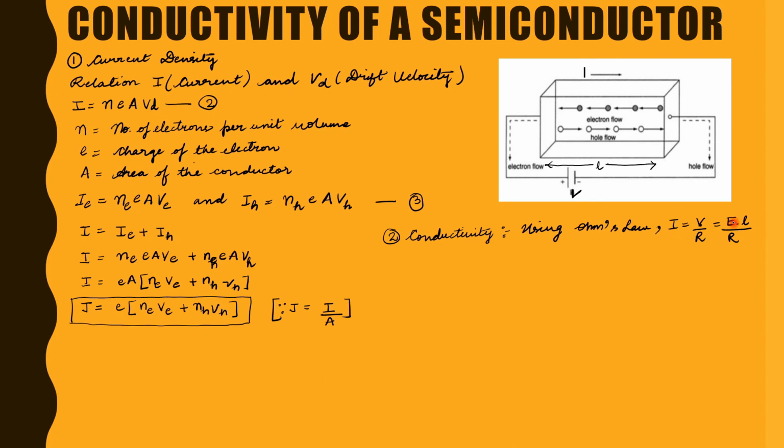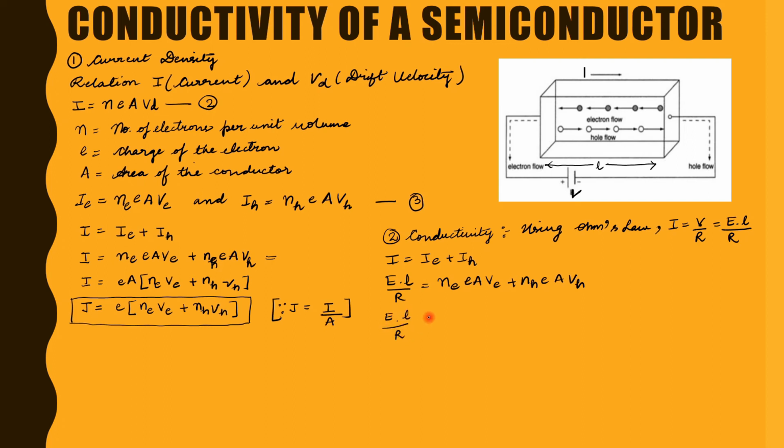Now we will put this formula in our equation 1, that is I is equal to IE plus IH. So instead of I, we will put E dot L by R, which is equal to the same thing, NE E A VE plus NH E A VH. Now we will take out EA as common, which we have done earlier.